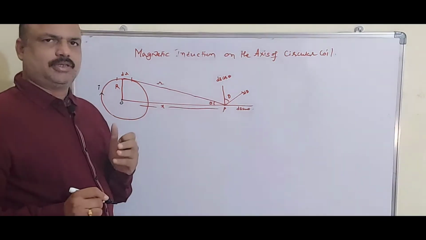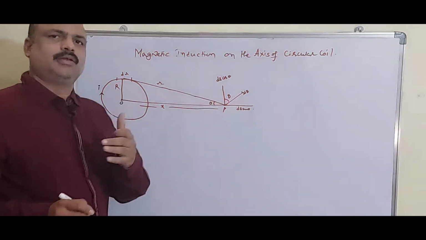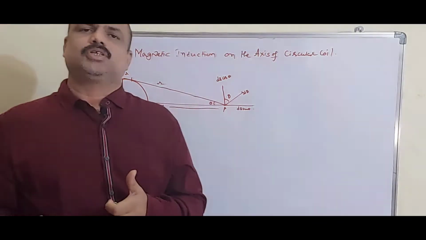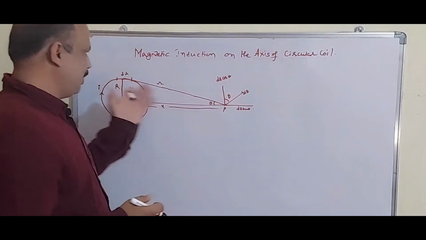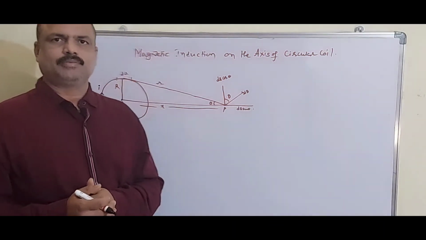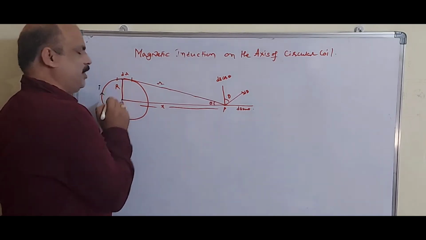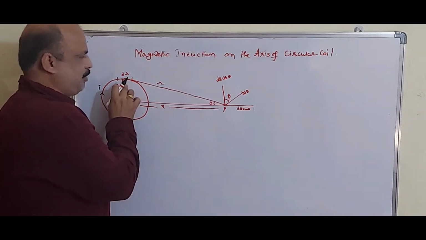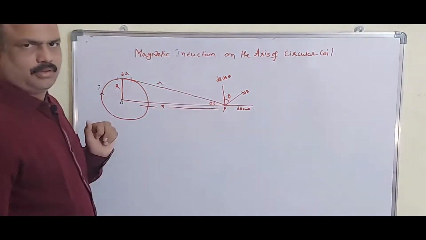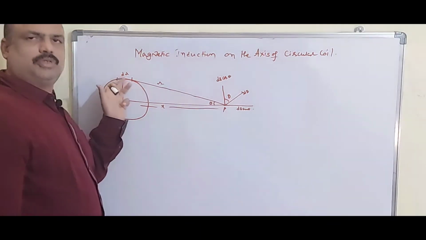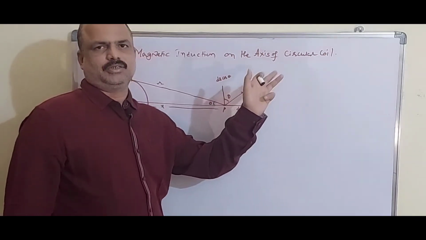We find the magnetic induction due to this small element, and then integrate that equation to get the total magnetic induction due to the entire circular coil. This small element dl is at a distance r from the point P. The magnetic induction due to this element is dB, which is along this direction.